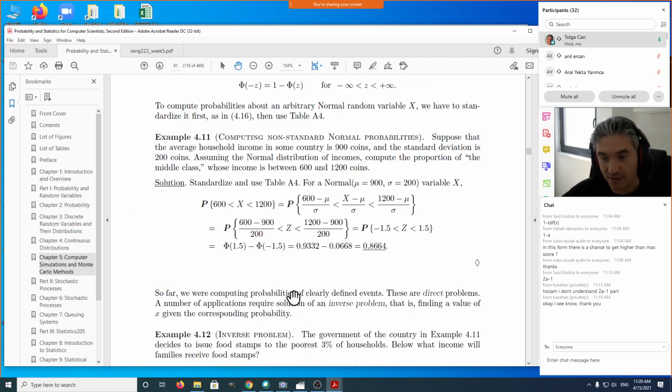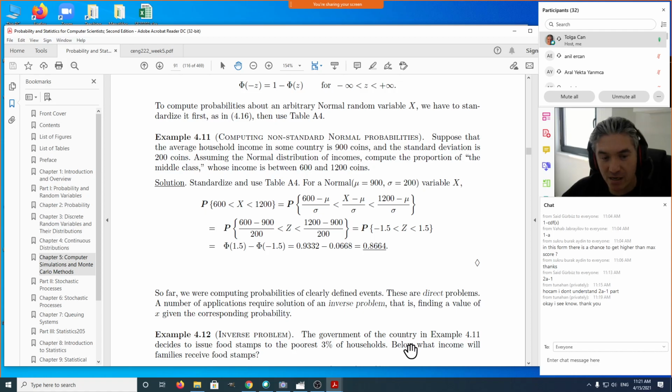Now, let's go to this inverse problem, where this time we're not asked a probability, but we're asked a threshold. So here, if you look at this problem, the government of the country in the same example in 9.11 decides to issue food stamps to the poorest 3% of the households.